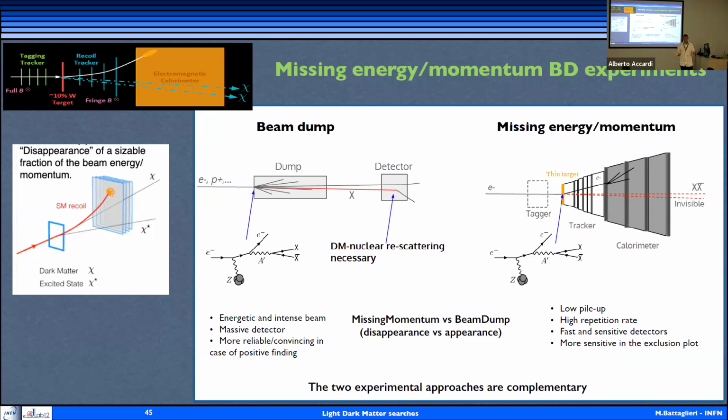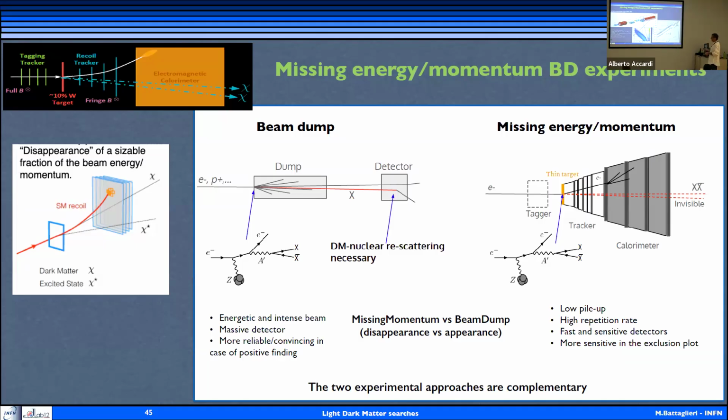Or if you have a neutron, it escapes from your detector because you don't have 100% efficiency for neutrons, and then you may confuse some energy taken away by a standard model particle with something beyond the standard model, like dark matter production. So it's tricky to do.